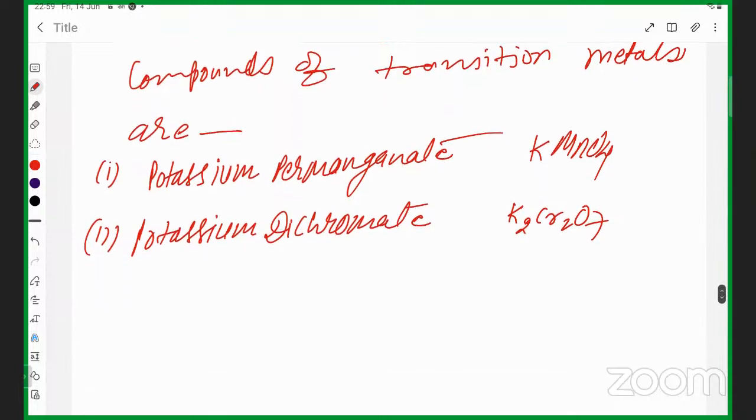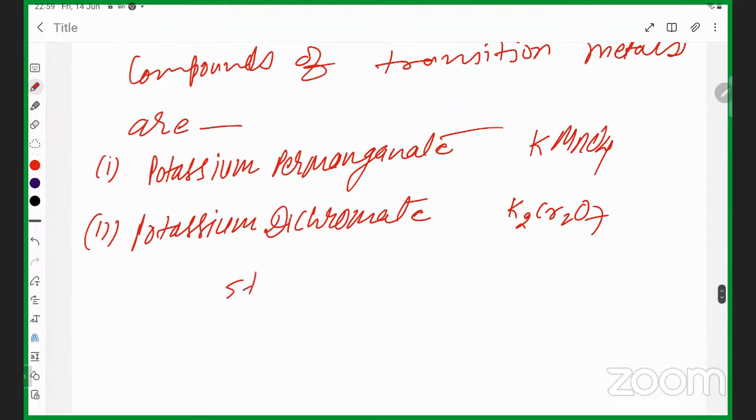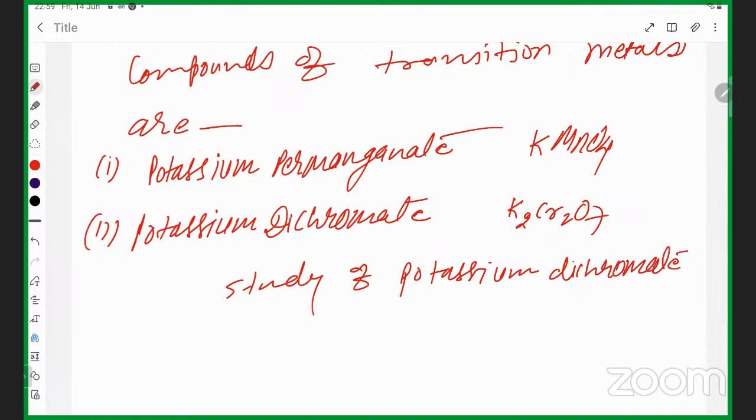Can I erase this? Okay, no problem. Potassium dichromate. First of all, according to the book, we are going to study potassium dichromate.